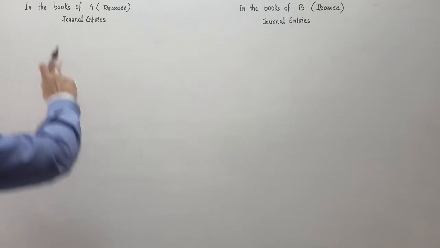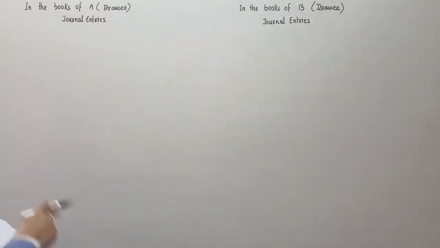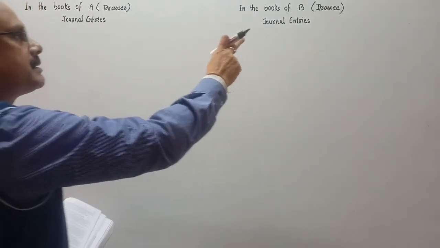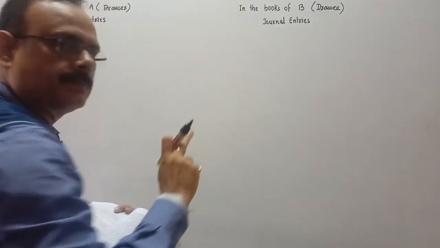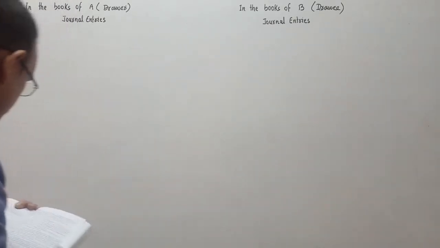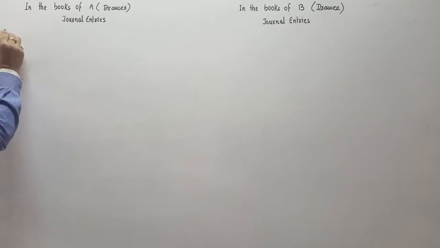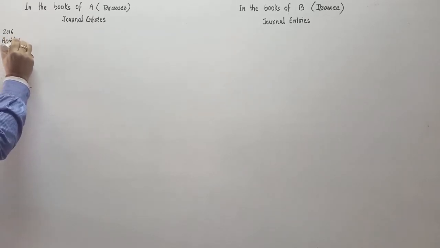So we'll do the entry in the books of A. Who is A? A is the drawer of the bill. And who is B? B is the drawee, the acceptor of the bill. In 2016, date is April 1st.